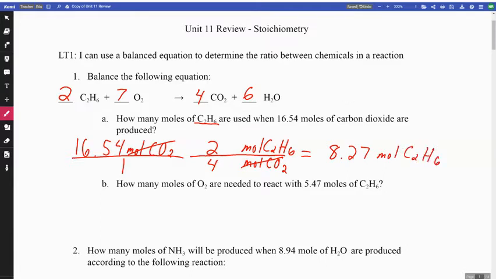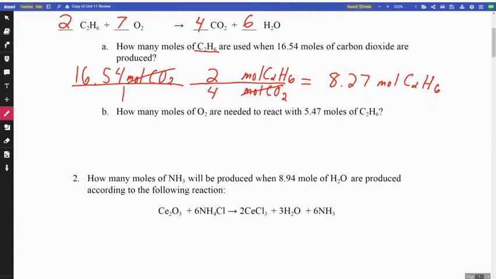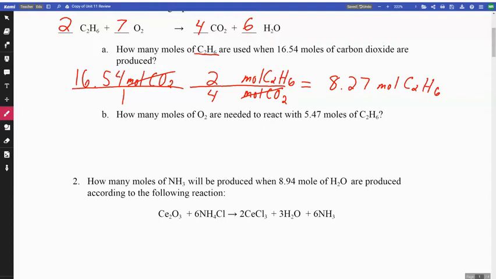All right, so next, how many moles of O2 are needed to react with 5.47 moles of C2H6? Same situation. We start out with our given, 5.47 moles C2H6. We put that over 1.